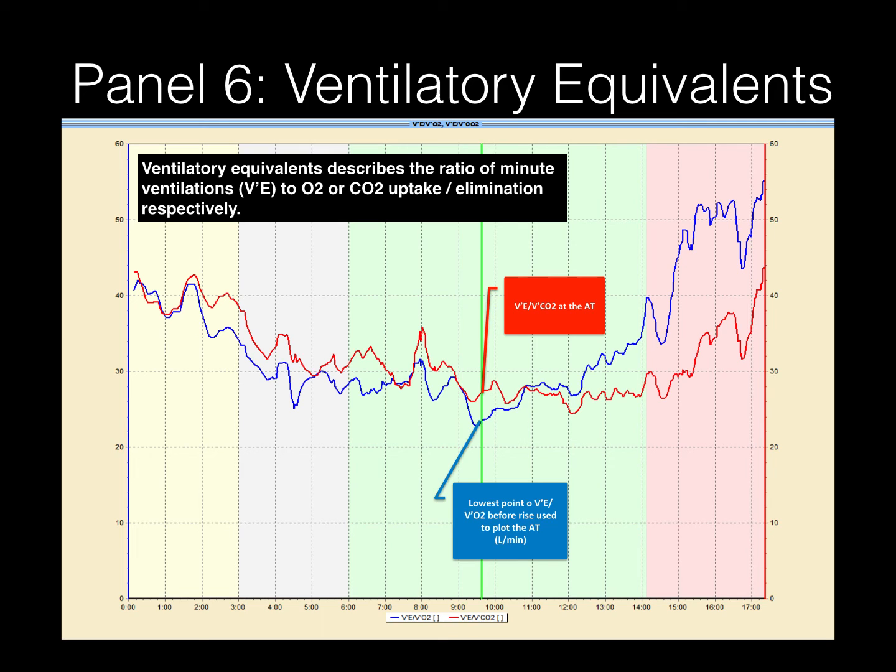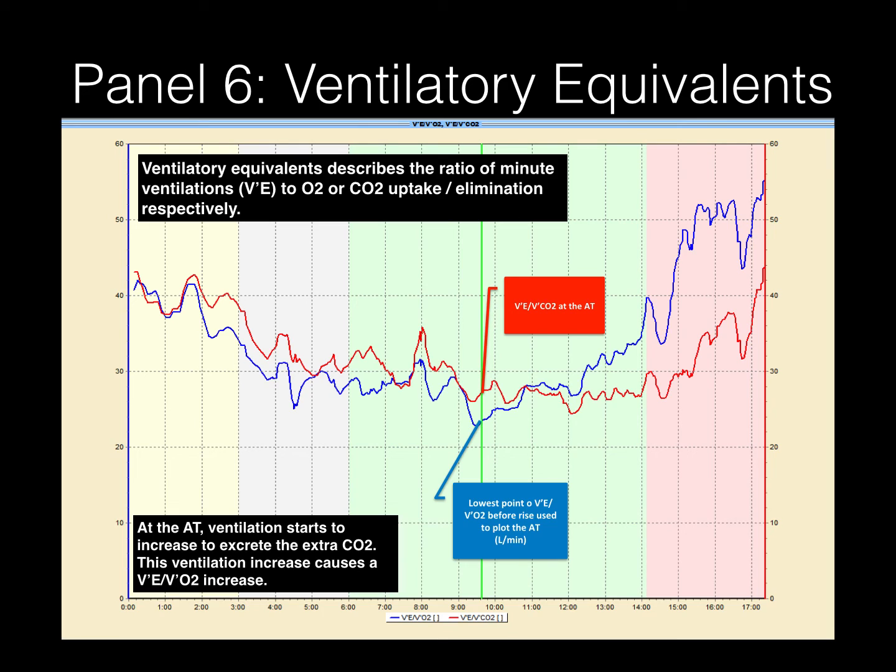However, at the anaerobic threshold, something different happens. The lines diverge. The ventilatory equivalent for CO2 stays constant, while the ventilatory equivalent for oxygen rises. This is because there's been an increase in ventilation, which has been driven purely by CO2, and so therefore these two numbers rise in a similar fashion.